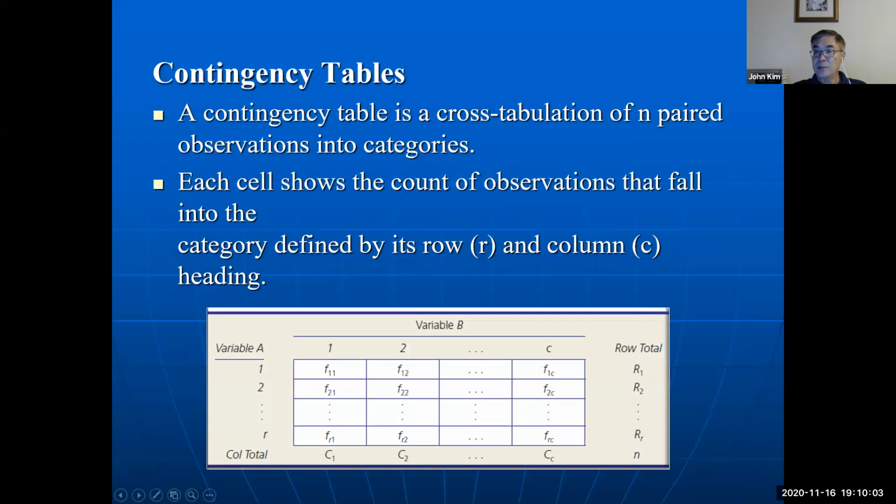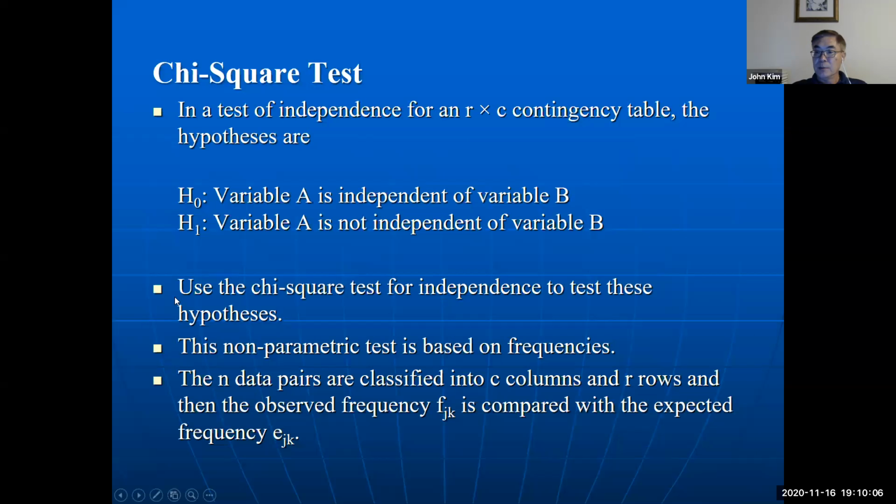So, going back: use the chi-square test for independence for this hypothesis. This one is a non-parametric test because there is no population data. And then we need observed frequency and expected frequency; I will explain that with the example.